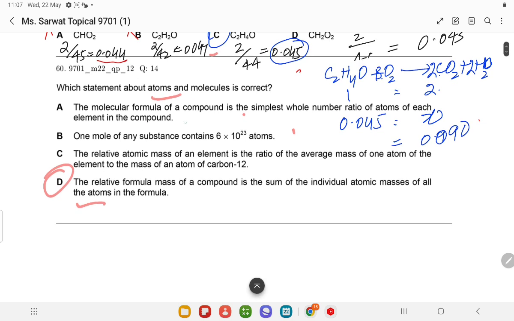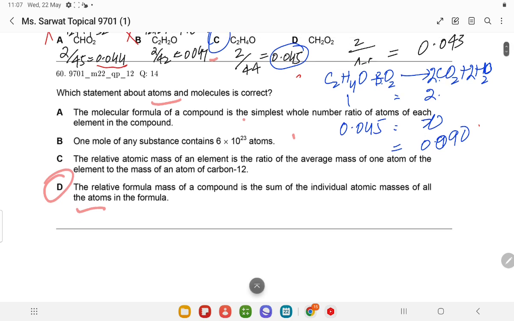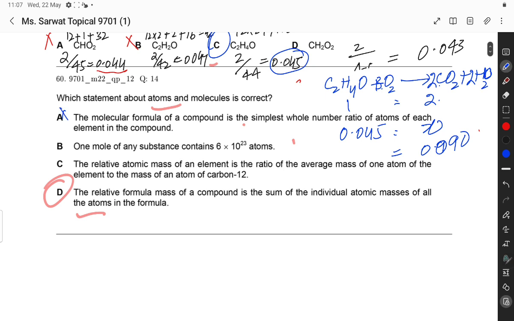This is not correct, because the simplest whole number ratio of atoms is the empirical formula, so this is incorrect. 1 mole of any substance contains 6.02 into 10 raised to 23 atoms. It is 6.02 into 10 raised to 23 particles, not atoms. So 1 mole of any substance, which could be a molecule, ion, atom or compound, so that's why it is also incorrect.